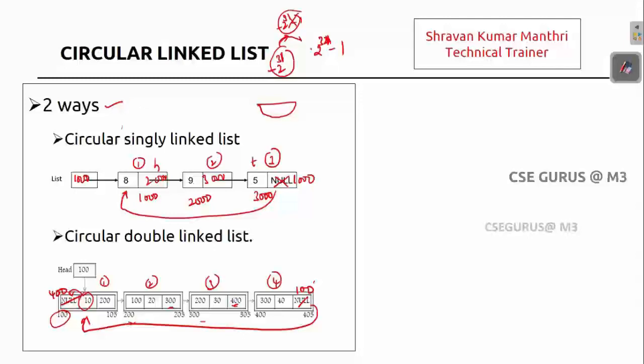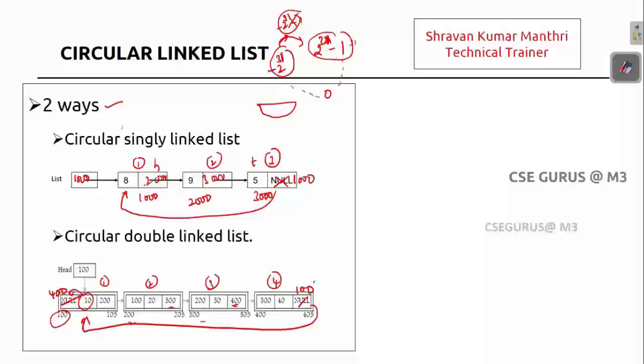That means it's a cycle. And for 2 power 31 minus 1, if you add one more, will it be 2 power 31? No, it's minus 2 power 31. So that is what a cycle is. Like this it is there in integer constraints.